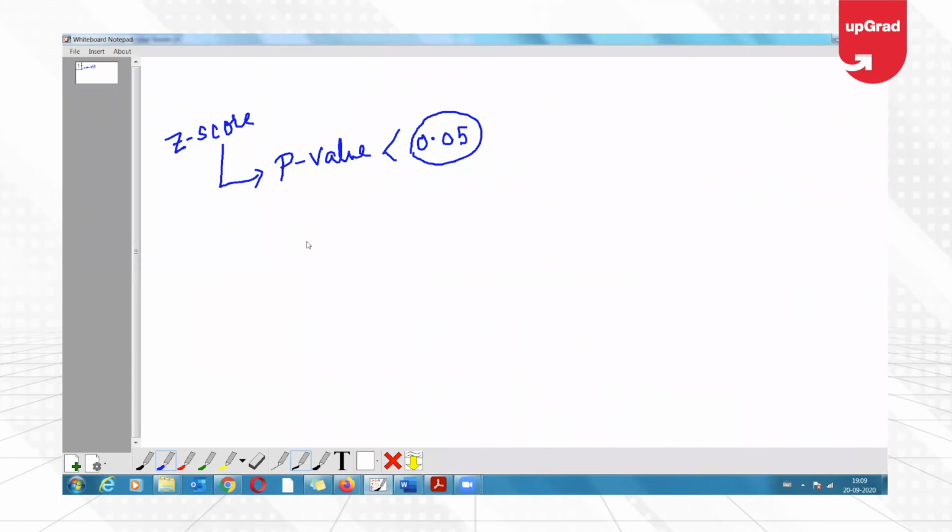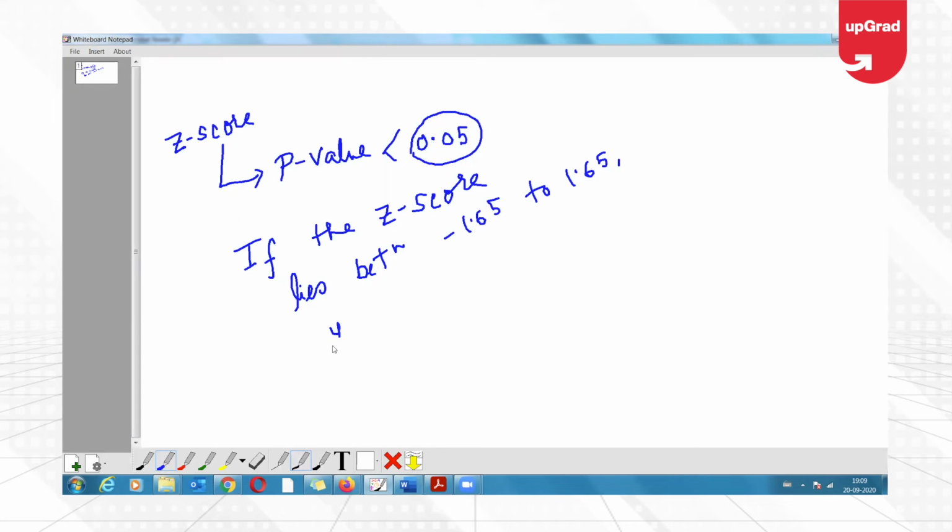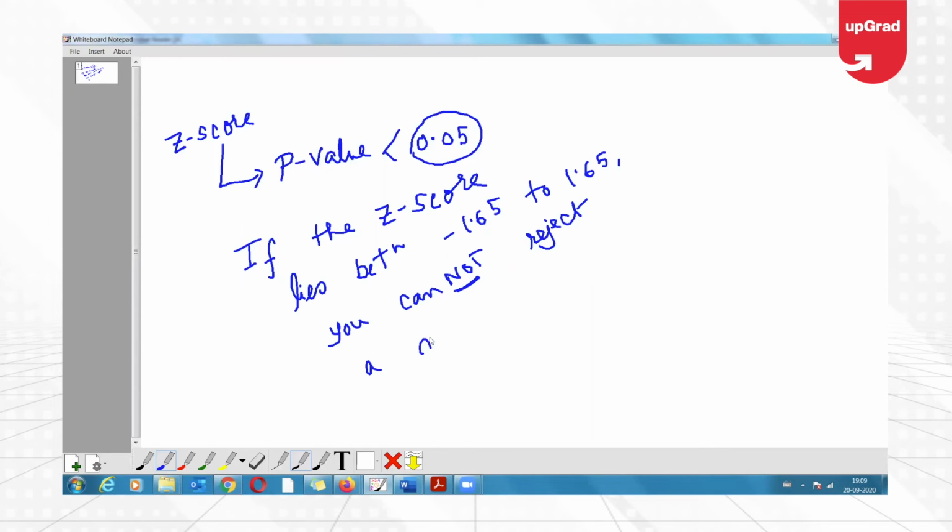Which means the rule is: if the z-score lies between minus 1.65 and 1.65, you cannot reject the null hypothesis.